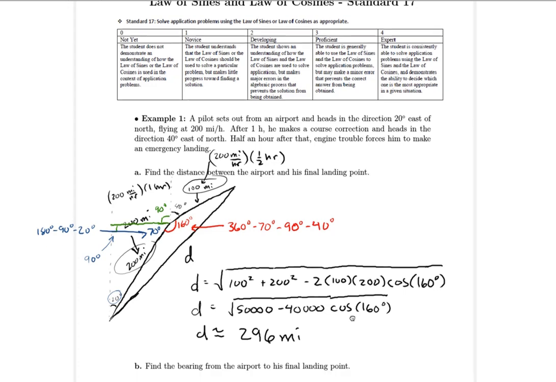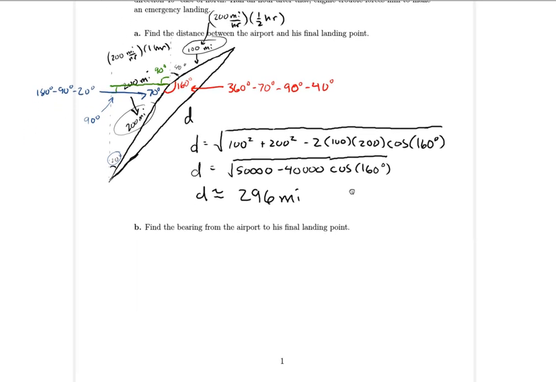All right, it asks us the second part of this, though. It says, find the bearing from the airport to his final landing spot. Okay, so bearing means we want to say, from due north or from due south or from due east, how far do I go, either west, east, whatever direction we want.